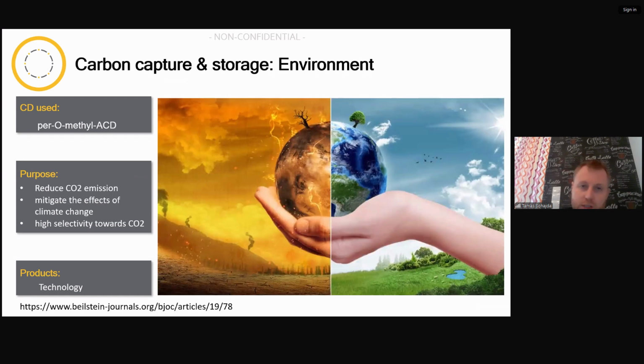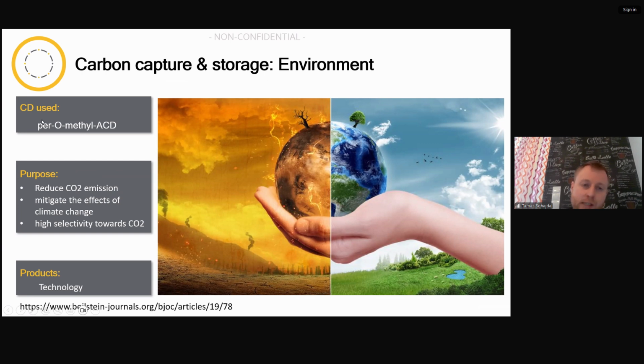Environmental applications, I'll bring you two of these. The first one is more, how to say, a moonshot project, and the other one is reality. So this one is to capture carbon dioxide from the air. I've already mentioned that you can encapsulate gases into the cavity of cyclodextrins. It's not easy, but it's doable. Here in this particular article, the authors use a specific cyclodextrin.